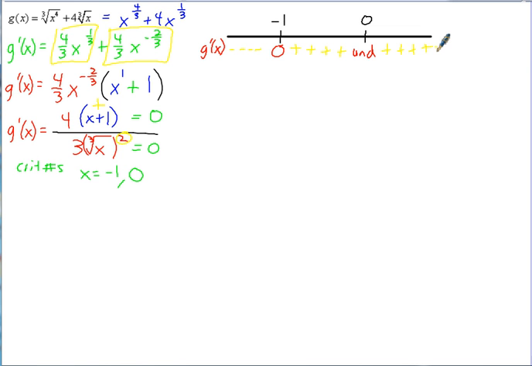So this shows us our original function, g of x. And the first derivative negative would be decreasing, then positive would be increasing, and then positive still increasing. So that means we first write down the intervals. The g is increasing on negative 1 to 0.